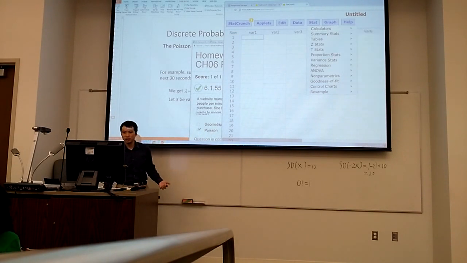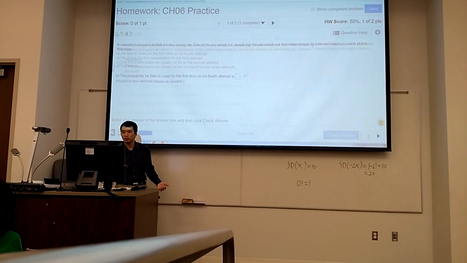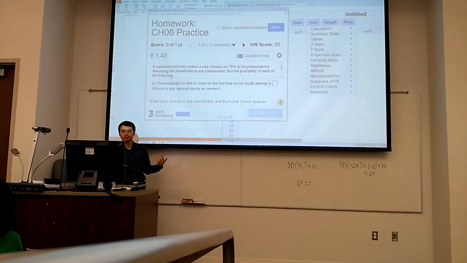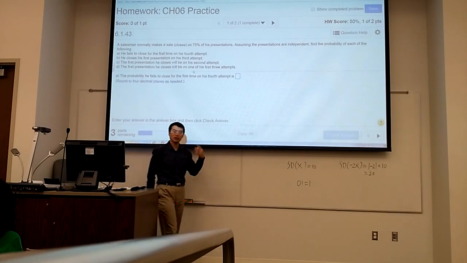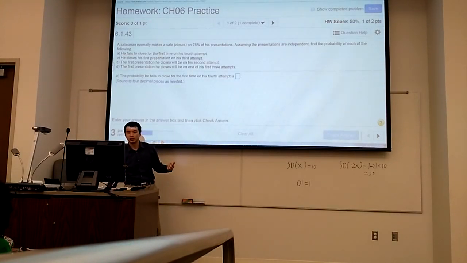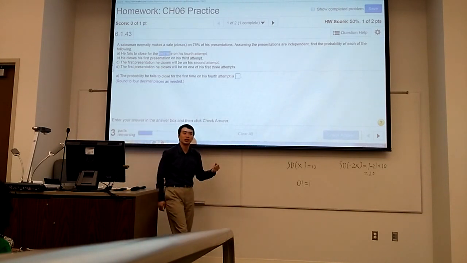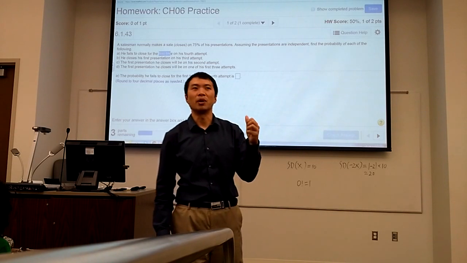And if we go back here, the example we did last time. Based on this description, we already know there's a keyword, first time. Okay? We know we need to use the geometric model.